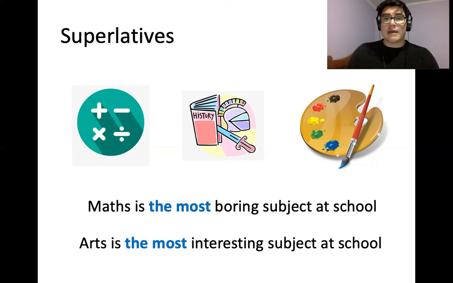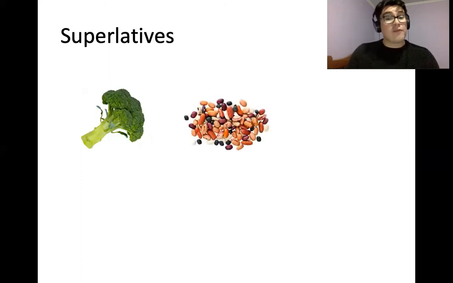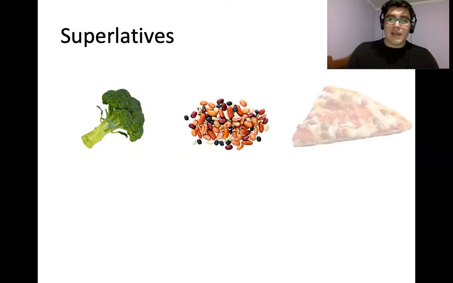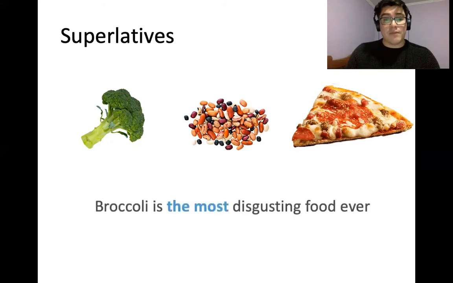Let's see a different example now. Here I have broccoli. Many people do not like broccoli. We have also beans, which are okay. And we've got pizza. So in this case, I can say, for example, broccoli is the most disgusting food ever.